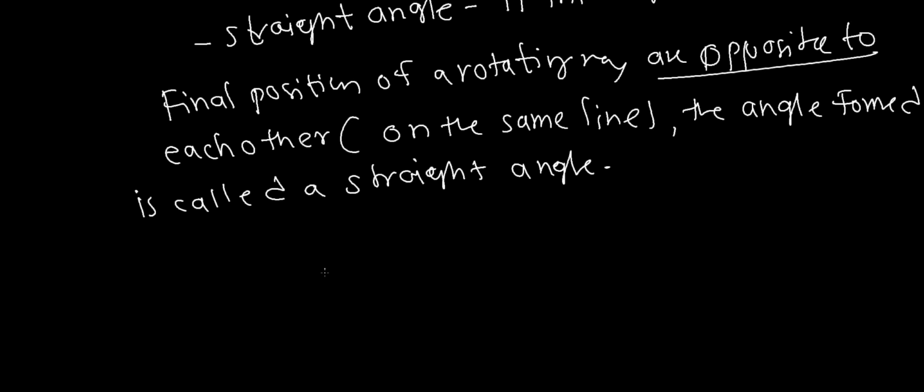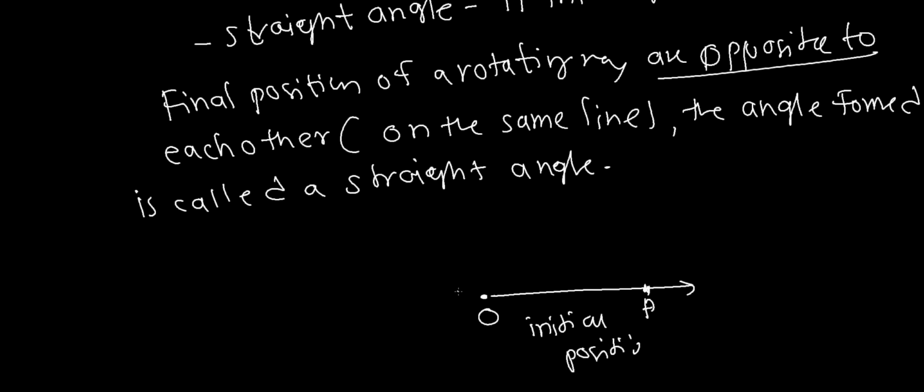So if we take that initial position O and one arm is OA, that is ray OA, let's say its initial position, and it moved to final position as OB in a straight line until it becomes a straight line, then the angle formed will be like this, and this is a straight angle.